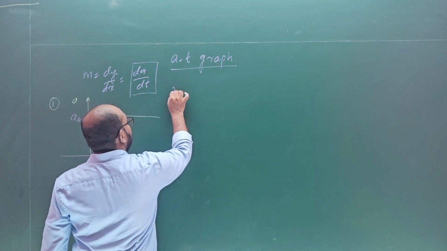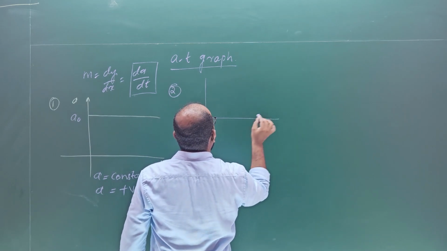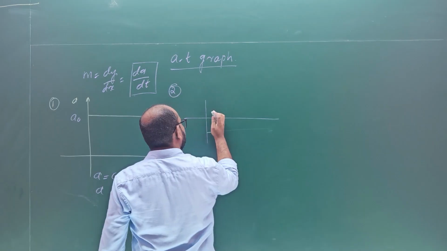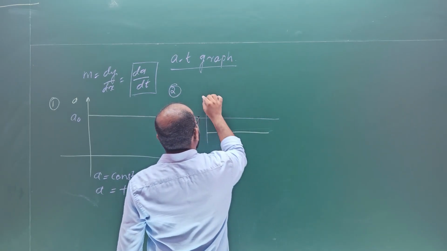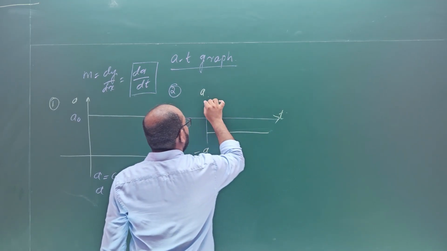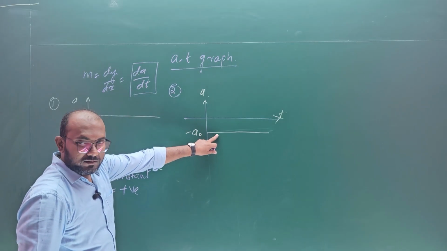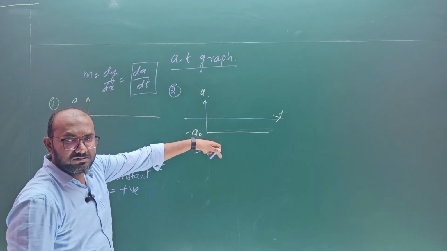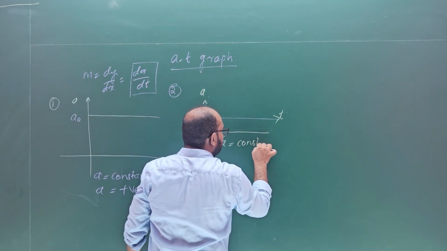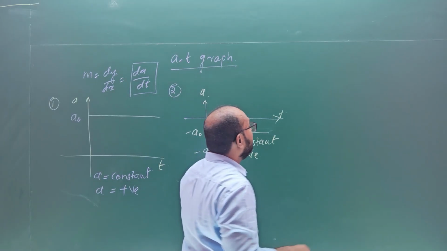Similarly, in the second way, if I represent a graph like this, this is your positive acceleration, this is your negative acceleration, this is your time. If this is your A naught, can you comment on this? Yes, acceleration is constant and negative.